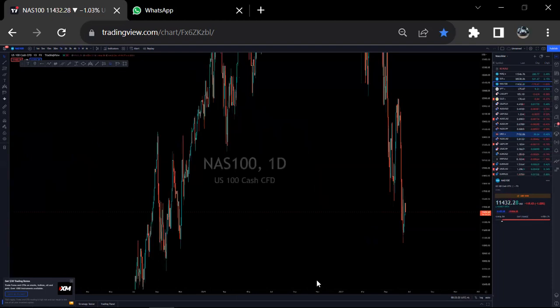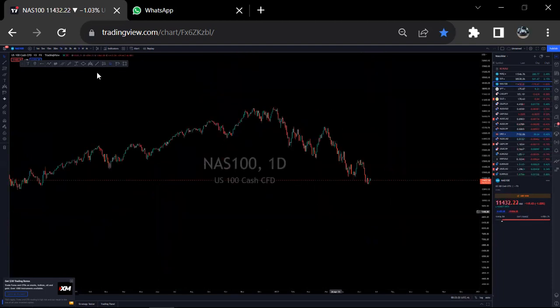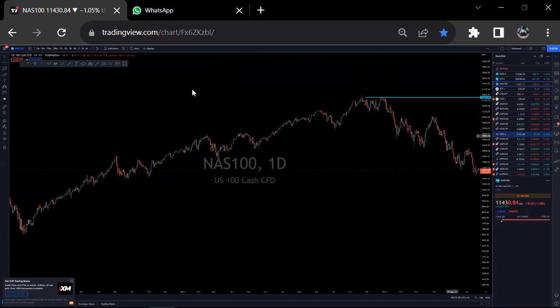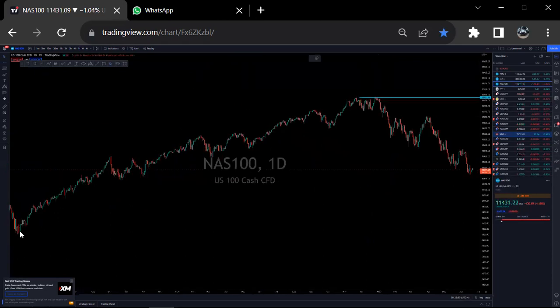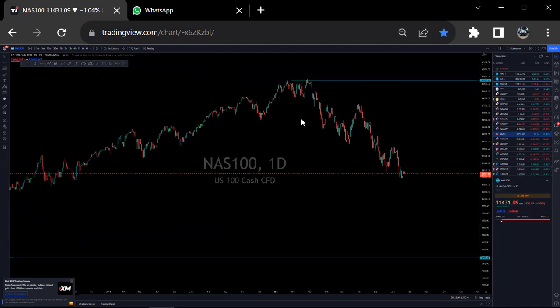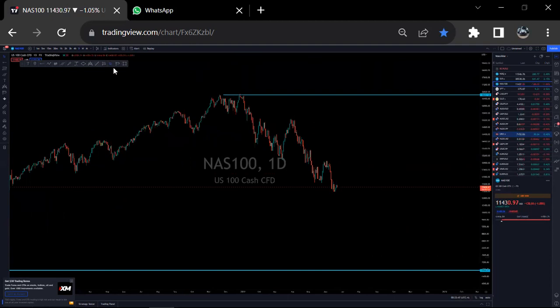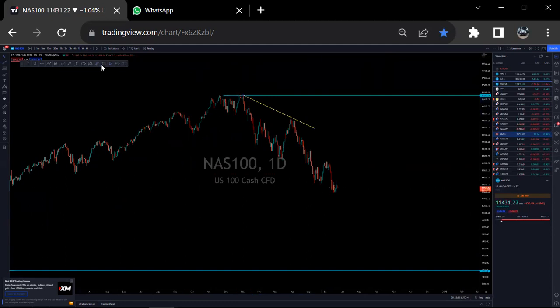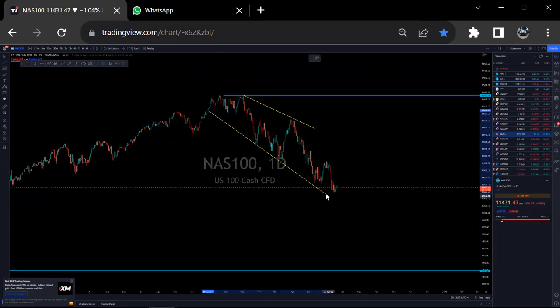So with Nasdaq, guys, what I did is I started my analysis on the higher time frame, and then I came to my lower time frame, and then after the low and the high, I just decided to get a trend. As you could see, we were on a downtrend. After the downtrend, price gave me something like this.